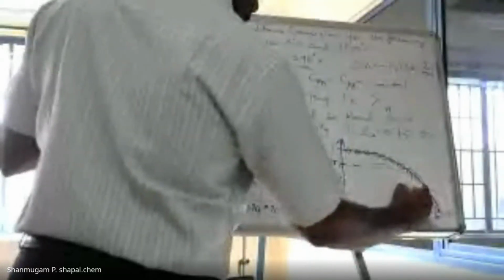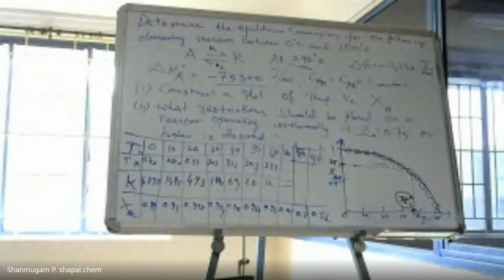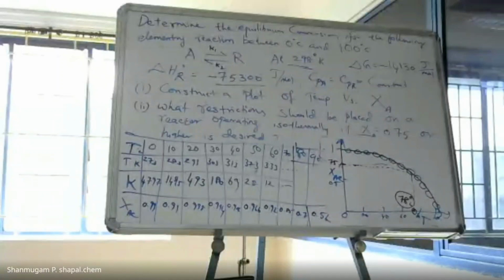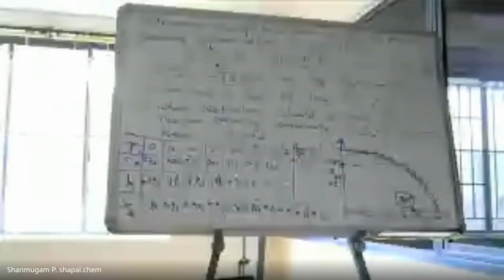The point is somewhere here, approximately 78 degrees Celsius, which is the temperature required to operate isothermally to get a higher conversion. So like this, the problem will be solved.